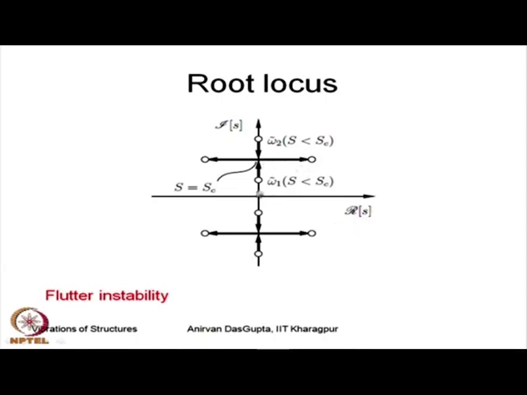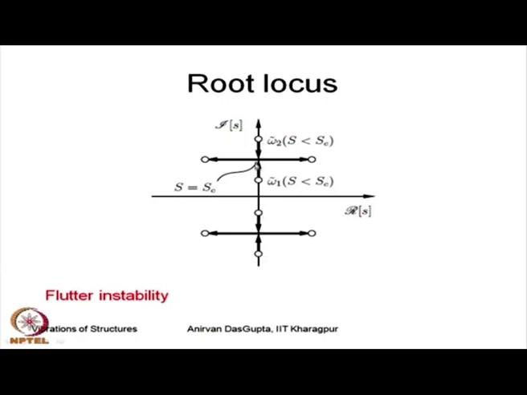When the follower force magnitude is less than the critical value, these are the circular natural frequencies, plus or minus i omega 1 and plus or minus i omega 2.